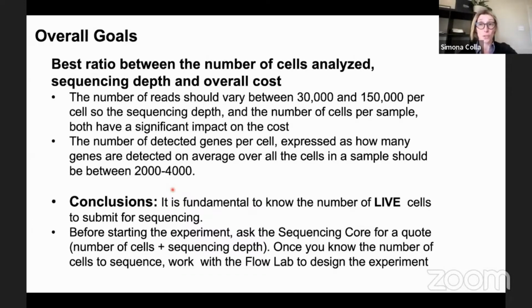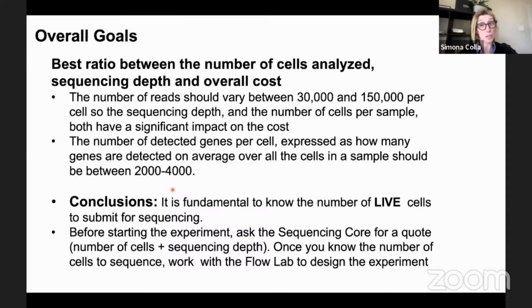To do so, you need to sequence at least 100,000 reads per cell. Of course, if you do so, the cost will increase a lot based on the number of cells that you are going to submit. So it's completely a ratio between these three factors.